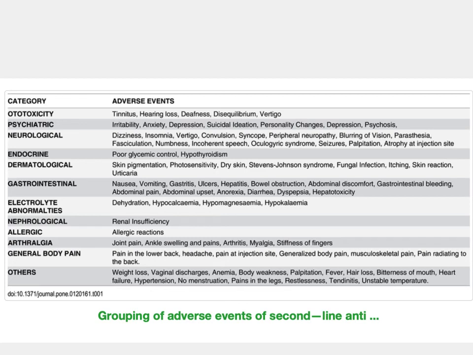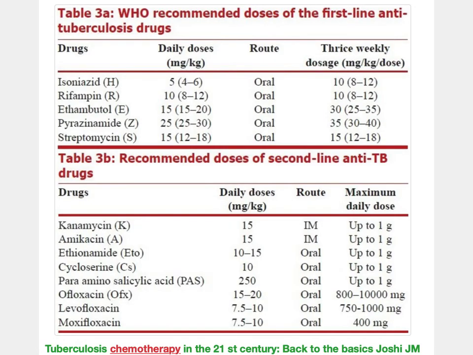Endocrine because of these medications. Dermatological, gastrointestinal, electrolyte abnormalities. Then nephrological, allergic, and arthralgia-related adverse events can take place. And in case there are severe adverse events, then the drug has to be stopped, and the patient has to be re-evaluated, and then treatment continued accordingly.